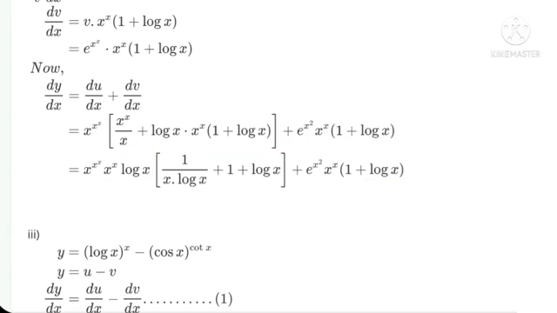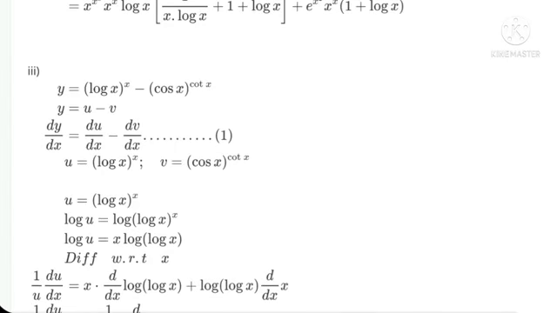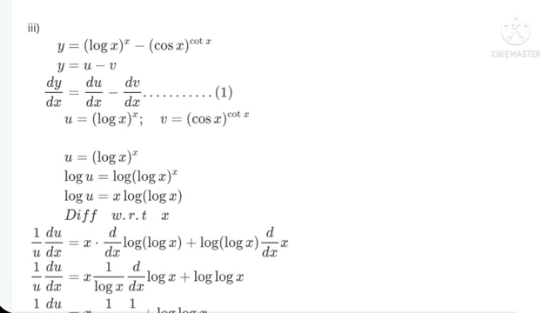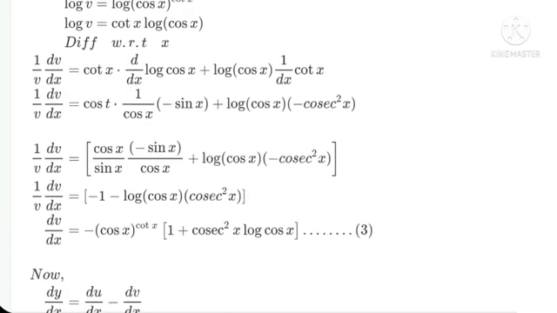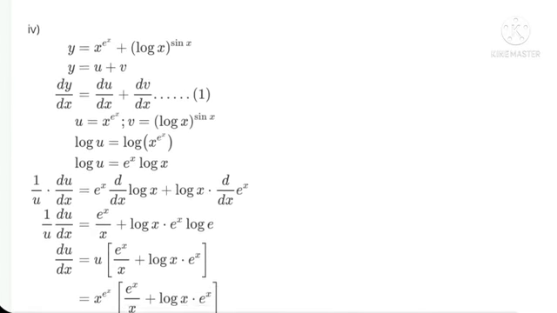Third one is the same. Third one is very easy, you can solve it yourself. Suppose this is u and this is v. First take u, find du by dx, then take v, find dv by dx and put the value in equation number 1. Then the fourth one.